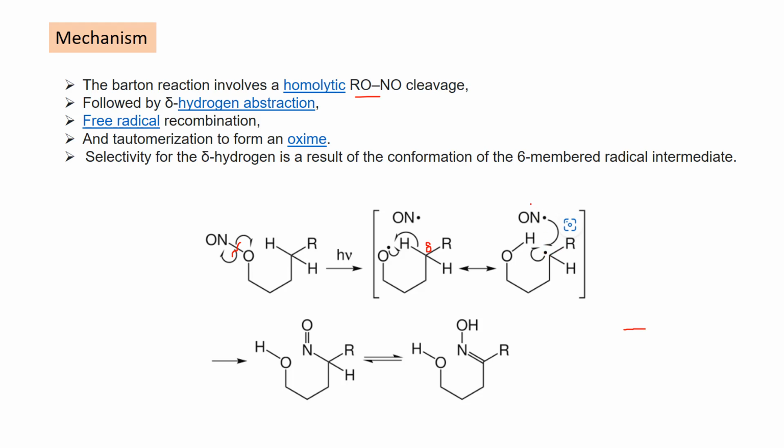After that, in the medium, this NO radical combines with our carbon radical and gives us this nitroso compound. First it gives free radical recombination, then tautomerization to form an oxime. This is nitroso.